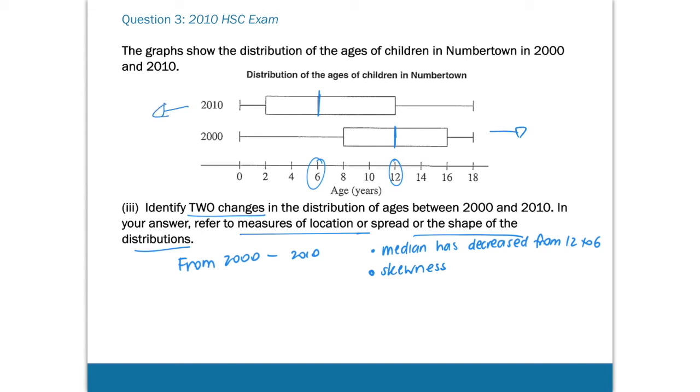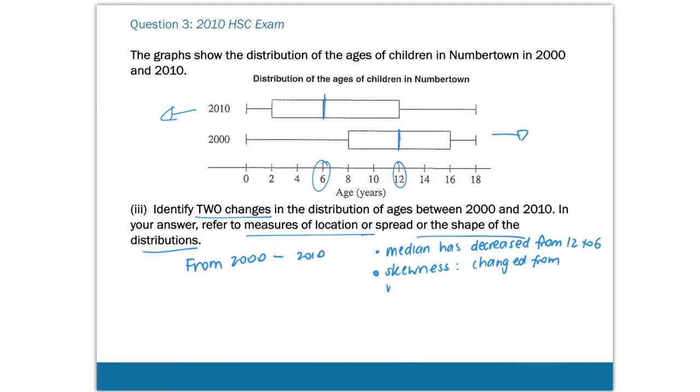So we can say that in skewness, it has changed from negatively skewed to positively skewed.